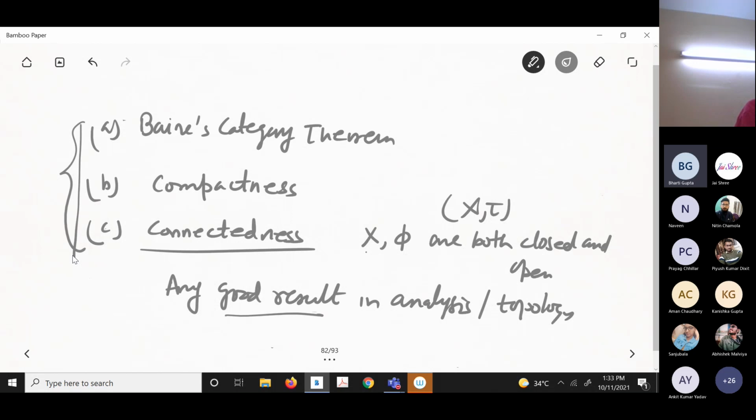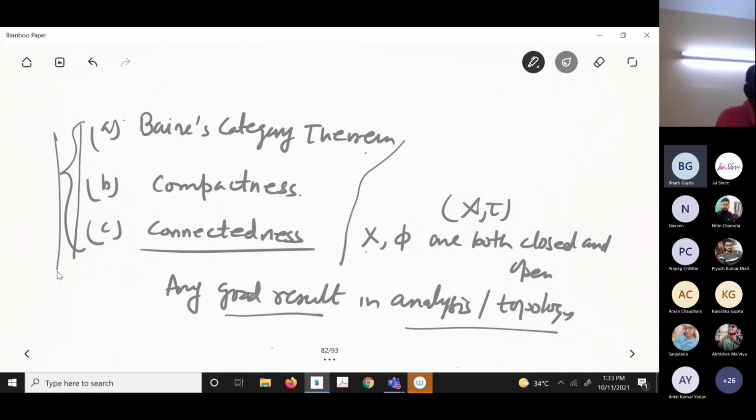If you say, no, I have found some result where they don't use it, then they are using some other result to prove it, which uses one of them. So Baire's category theorem, compactness, connectedness are the pillars on which the whole of analysis and topology is built. If you have a good result, you should find out after you have studied all these things whether you are using one of these results or not, directly or indirectly.